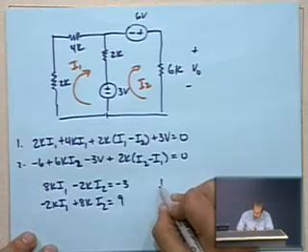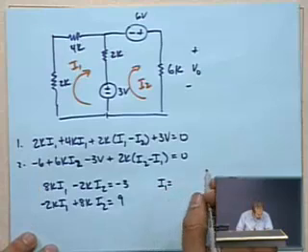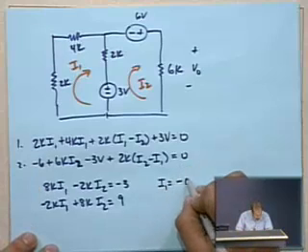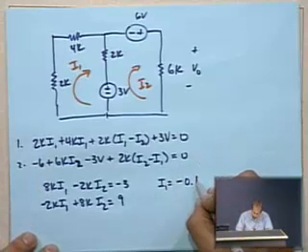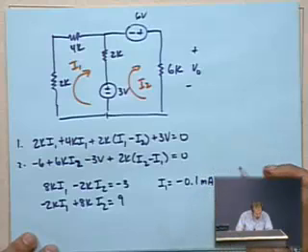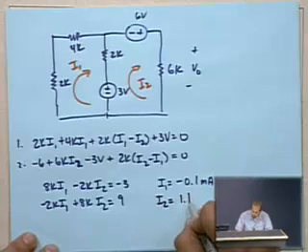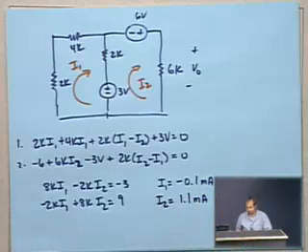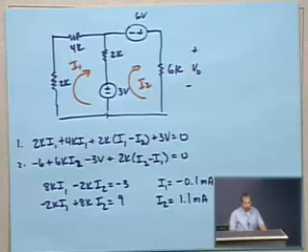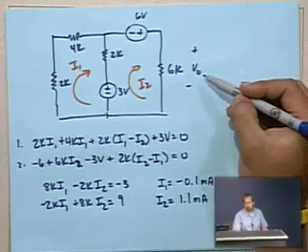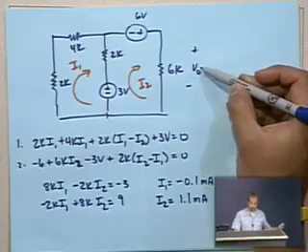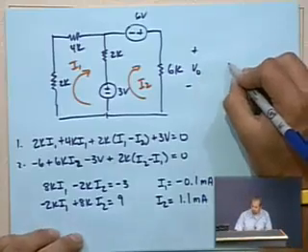So you solve that. I1 equals negative 0.1 milliamps, and I2 equals 1.1 milliamps. What we wanted to solve for in the first place was this voltage V0, which is the voltage across the 6K resistor.